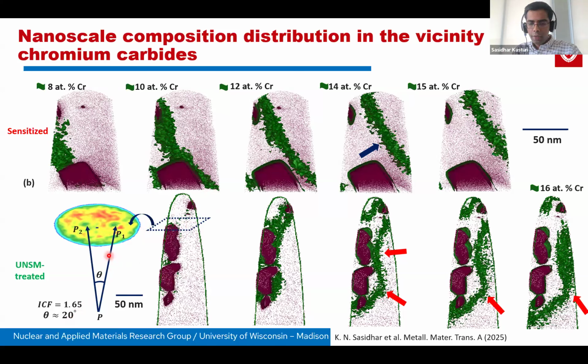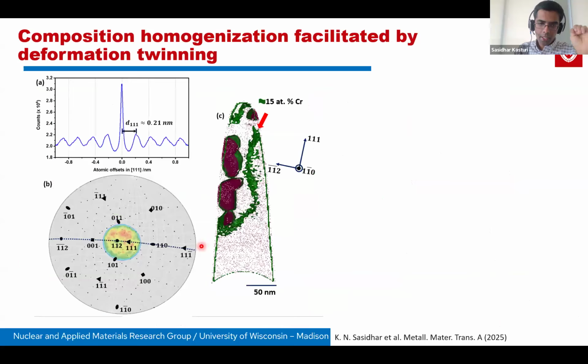Fortunately, we had prior EBSD data from the region of the atom probe liftout, and we knew that the analysis direction of the atom probe sample is nominally 111. So that helped us to completely characterize the crystallographic orientation of the specimen using the atom probe data and the EBSD information.